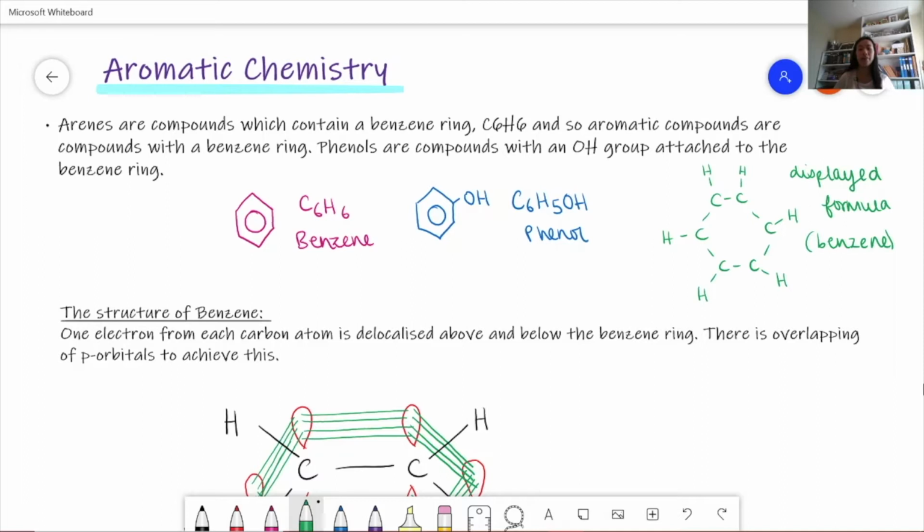And then the skeletal formula for phenol would be the same, but with an OH instead of one of these hydrogens, because the OH replaces a hydrogen. And we're going to talk later about why we have a circle in the middle of the hexagon.